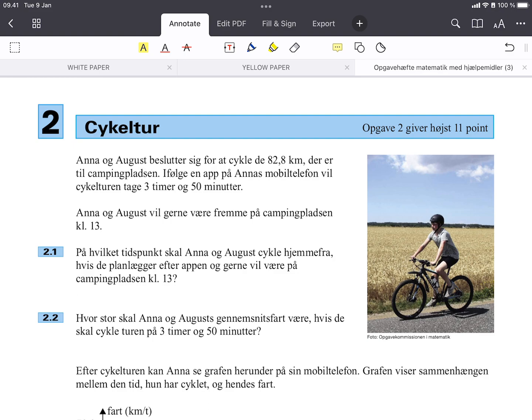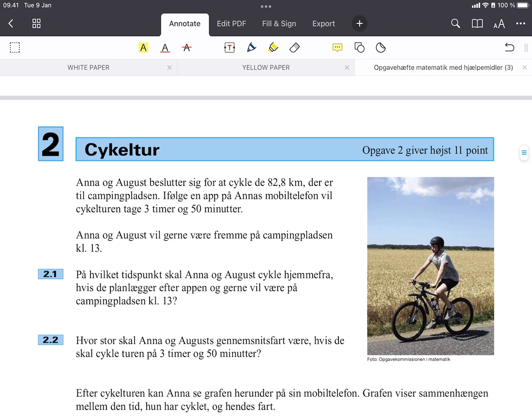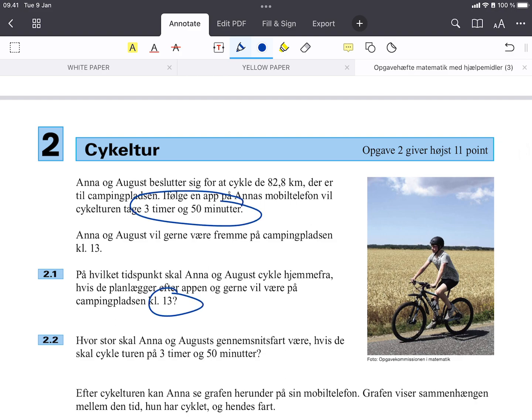So if they're making their plans according to the app and would like to be at the campsite at 1 o'clock in the afternoon, 1300 hours, it's basically asking you what is the time that is 3 hours and 50 minutes before 1300 hours.